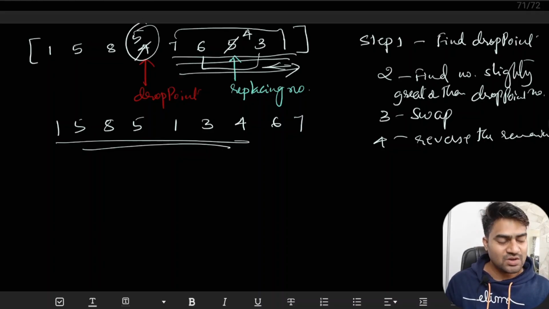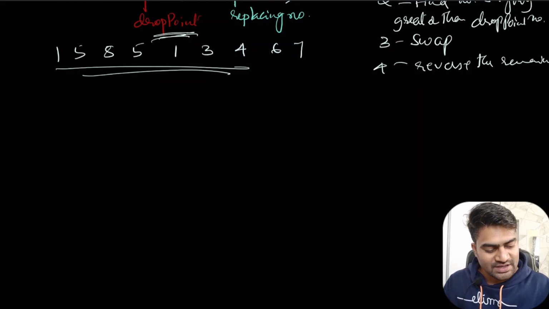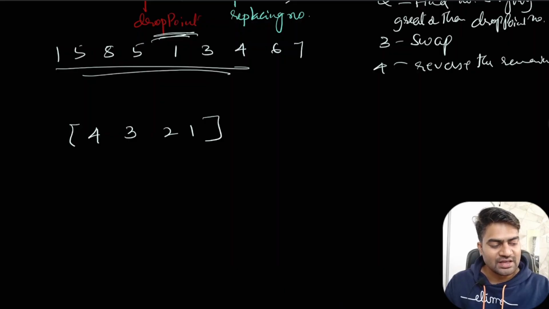Okay, so this is how we do it. Now assume there is a corner case where we have the given array something like this. Whatever possible combination you take, this becomes the maximum number, right? Why? Because the numbers are in descending order.